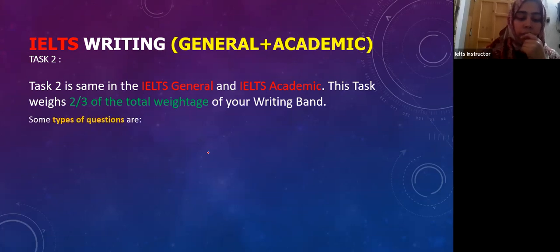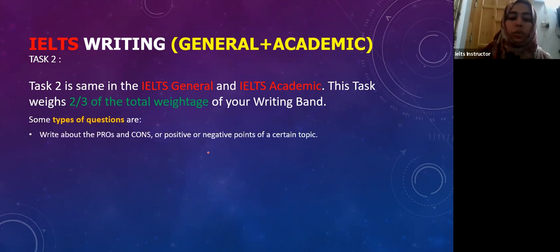So some types of questions which you can get in the essay are, you can be asked about pros and cons of a certain topic. By pros and cons, I mean the positive and negative aspects of a thing.